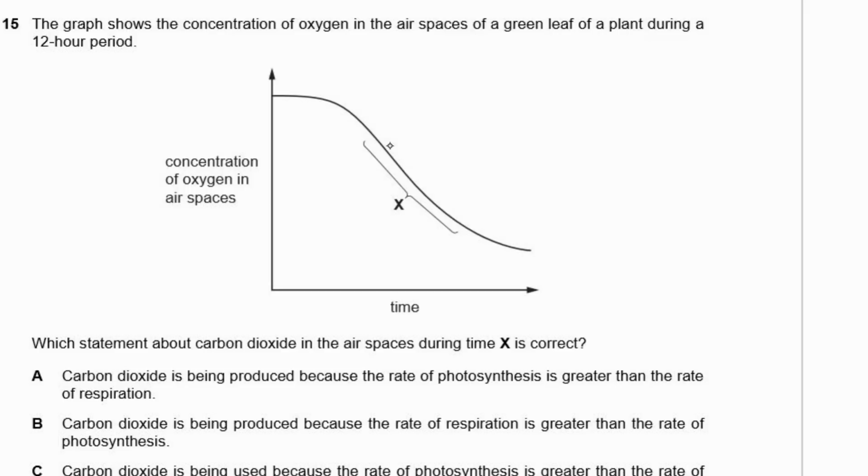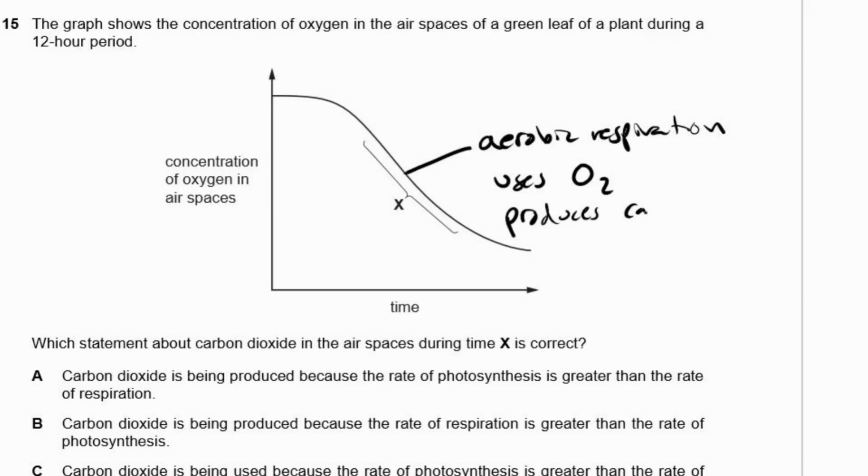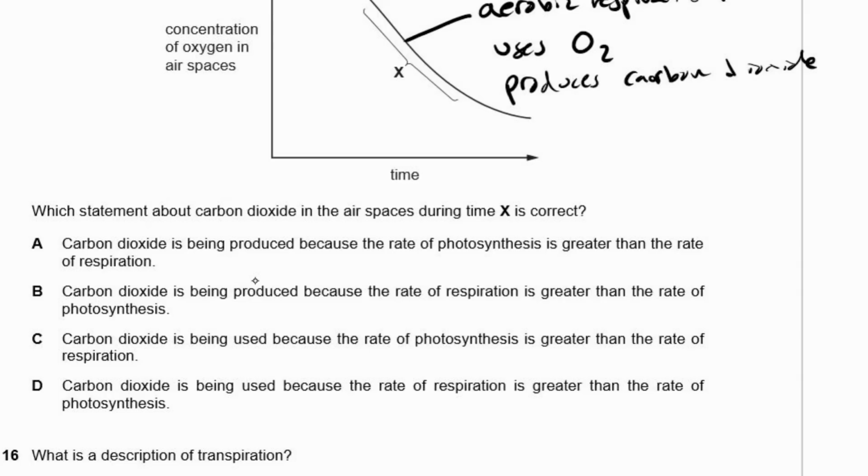Well, the reason why is because at this point oxygen is being used up, and that's because aerobic respiration uses oxygen. What does it do with carbon dioxide? It produces carbon dioxide. All right, so it uses oxygen and produces carbon dioxide. That's why the oxygen is being reduced. So carbon dioxide is being produced.